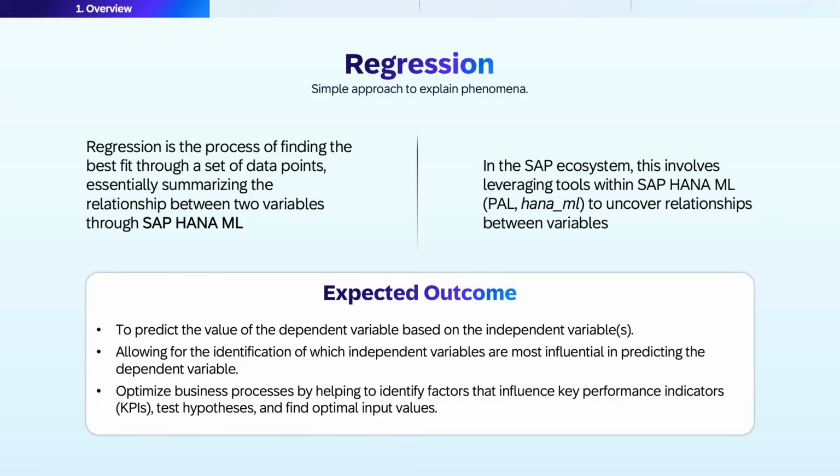The expected outcomes include predicting the value of the dependent variable based upon the independent variables, allowing for the identification of which independent variables are most influential in predicting the dependent variable. Optimizing business processes by helping to identify factors that influence key performance indicators, test hypotheses, and find optimal input values.